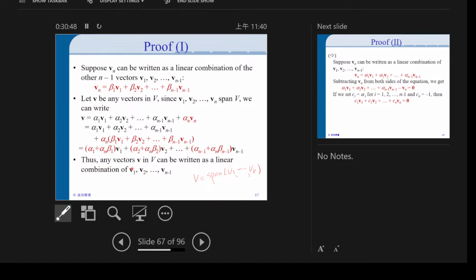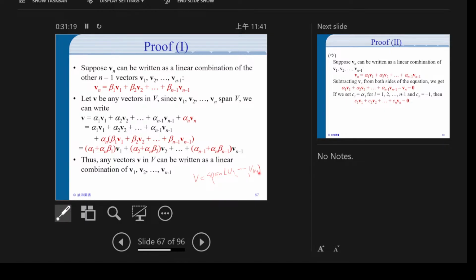So any vector in V can be written as a linear combination of V1 to Vn, so V is just the span over V1 to Vn-1. So it's important to have Vn-1. Okay.